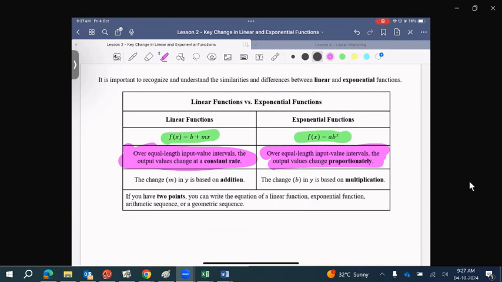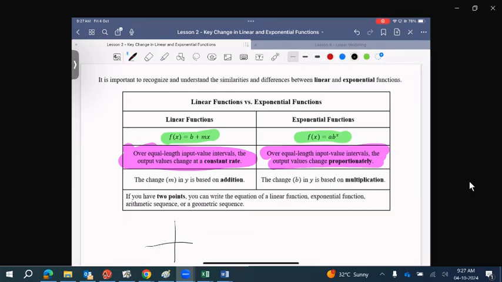One of the things that we can tell about a linear function is it's all based on addition. And with an exponential function, it's based on multiplication. If you have 2 points, you can write an equation of a linear function, an exponential function, or an arithmetic or geometric sequence. If you imagine it, it is possible with just 2 points.